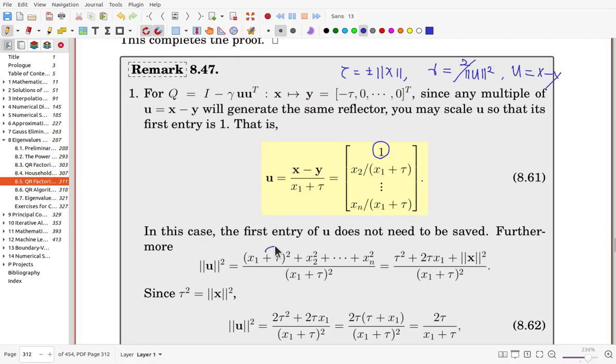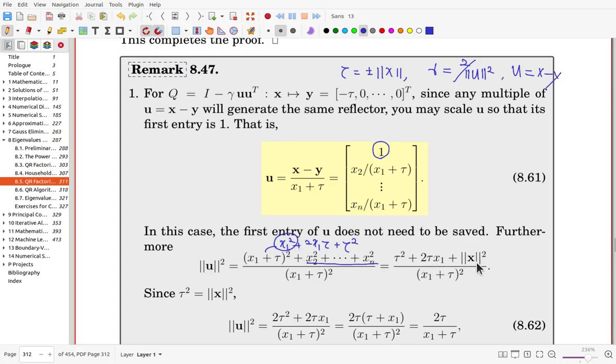But this square is the same as x1 squared plus 2 x1 tau plus tau squared. Using that one and the remainder over there, we have the norm of x squared.